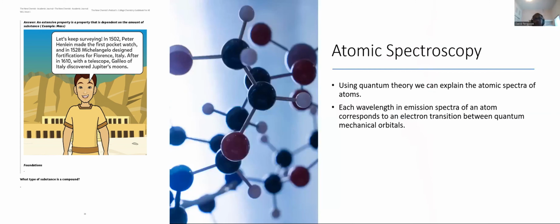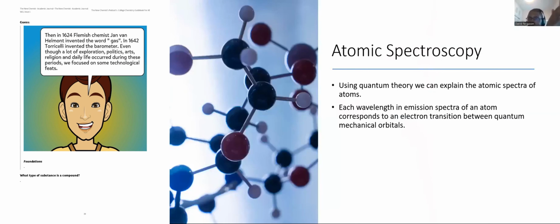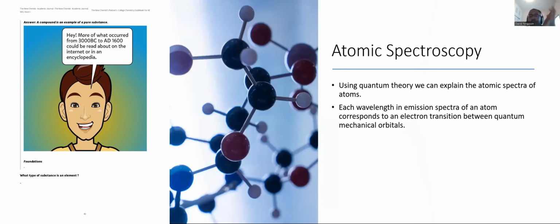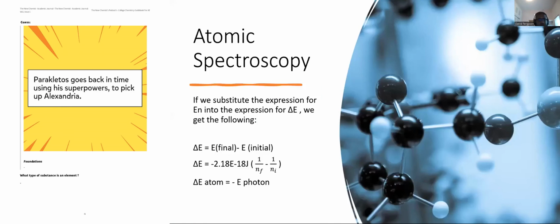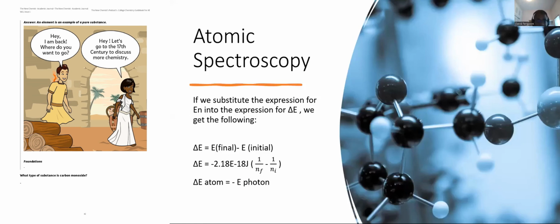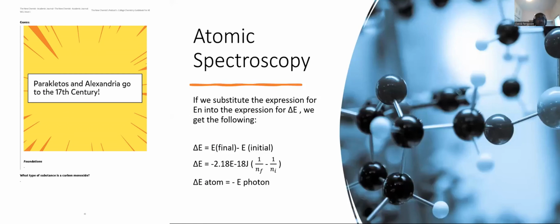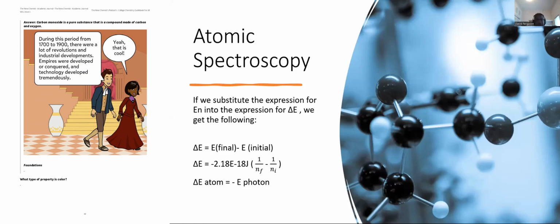Okay, so atomic spectroscopy. Using quantum theory, we can explain the atomic spectra of atoms. Each wavelength in the emission spectra of an atom corresponds to an electron transition between quantum mechanical orbitals. If we substitute the expression for the energy for a specific quantized state into the expression for a change in energy, we get the following: E final minus E initial.